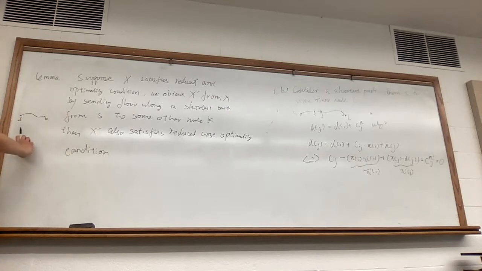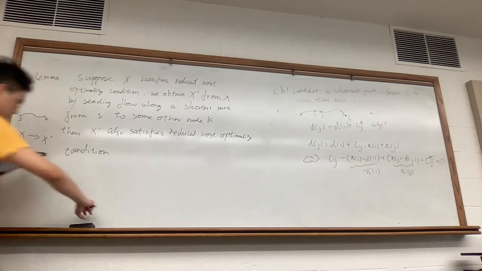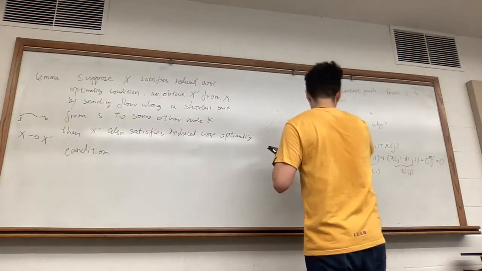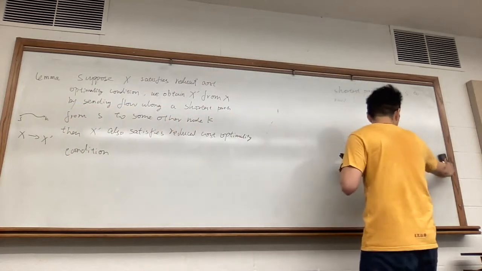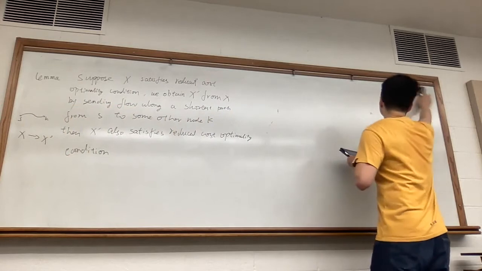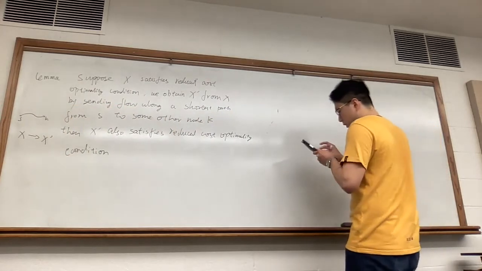So this lemma tells us that if you send a flow along a shortest path from S to some other node K, then now you have changed from X to X prime. The claim is that X prime also satisfies the reduced cost optimality condition. So how can we prove this? The proof.